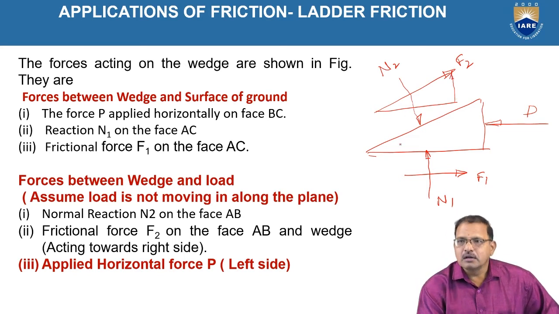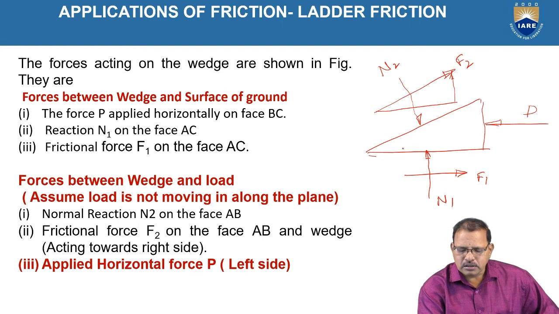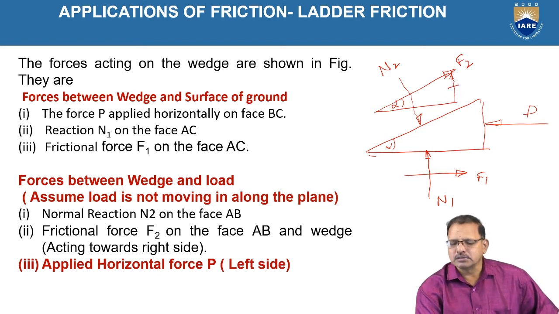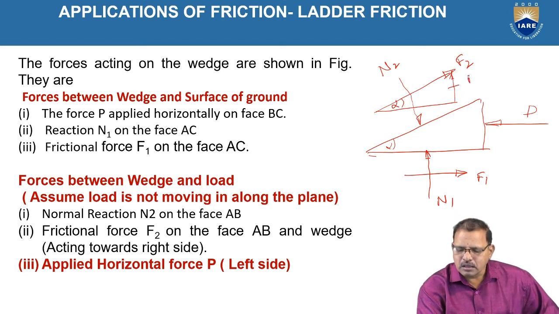Here, alpha represents this inclination, and it is also represented here as alpha. This component is F2 sin alpha, and the horizontal component is F2 cos alpha.